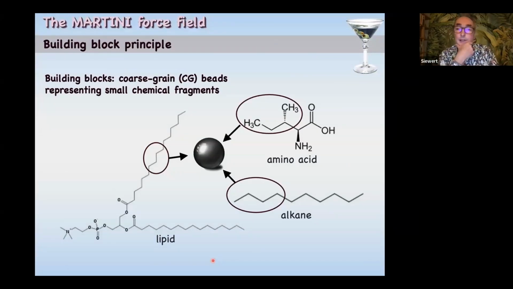The underlying idea of the Martini force field is the use of what we call a building block principle. That means that we consider fragments of a certain chemical property or a chemical nature. We consider them as our beads, irrespective of which molecule these fragments belong to.